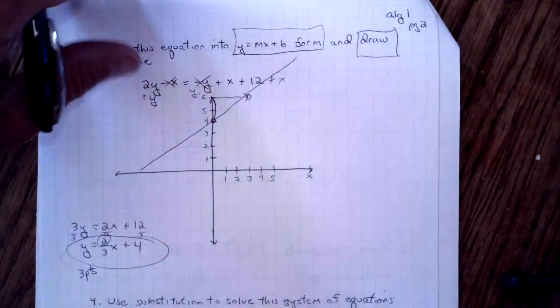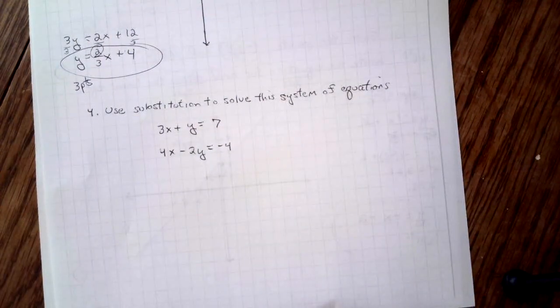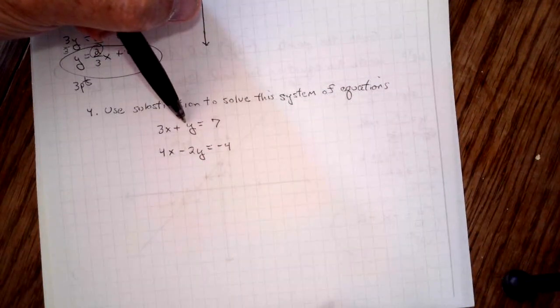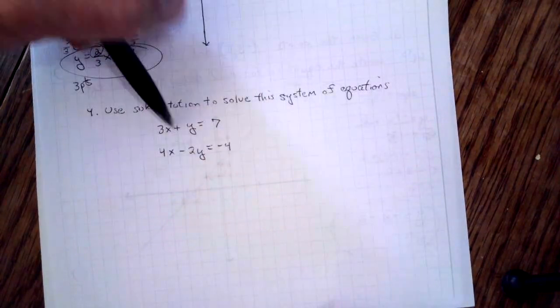All right, next question. Use substitution to solve the system of equations. So what I'm going to do is take this first equation here, and solve this for y, because it's all sitting by itself.